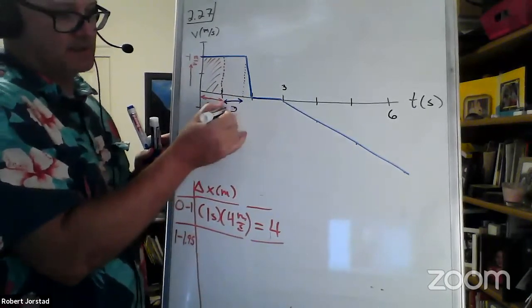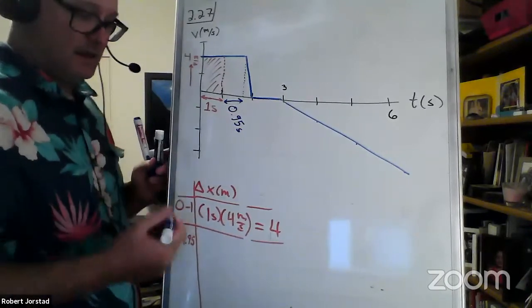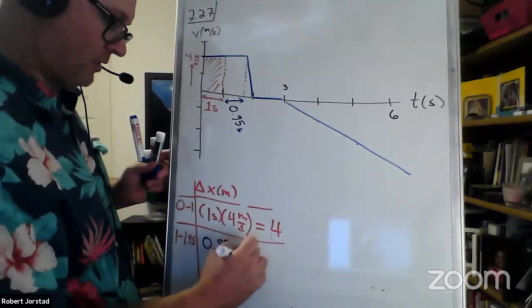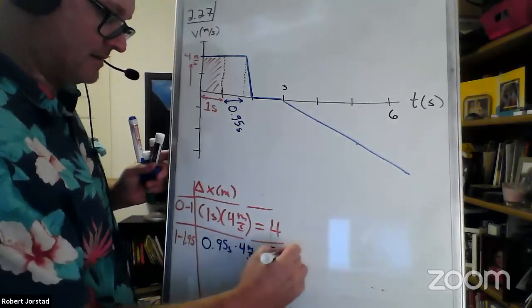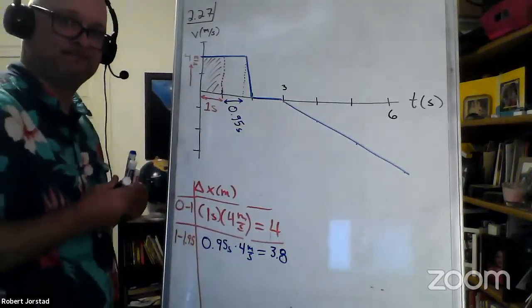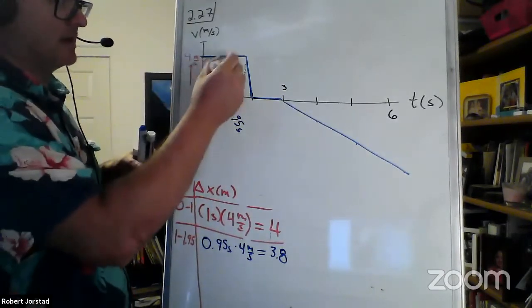That amount of time is 0.95 seconds, right? And so you'd have 0.95 seconds times 4 meters per second, which should equal 3.8 meters up here. So far, so good? So I'll shade that one kind of lightly purple.